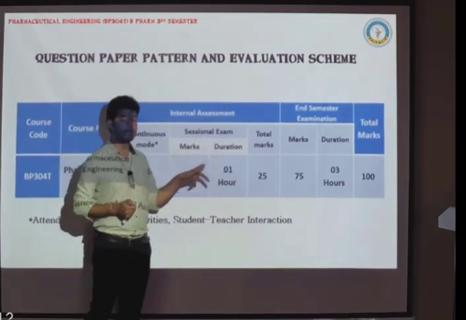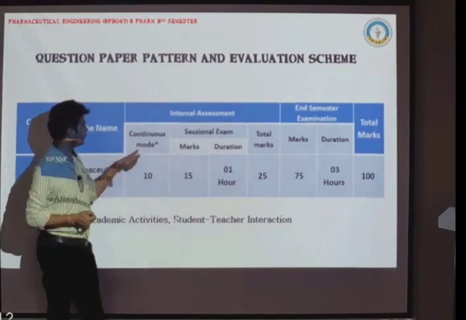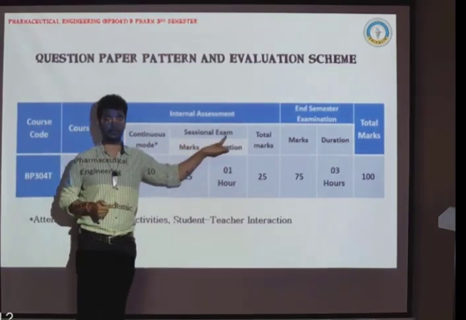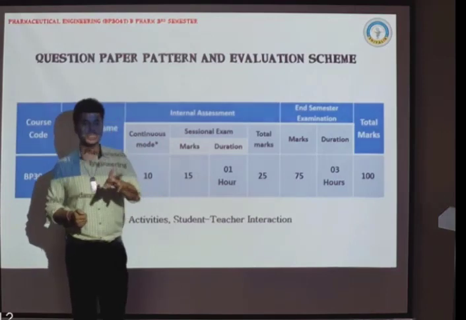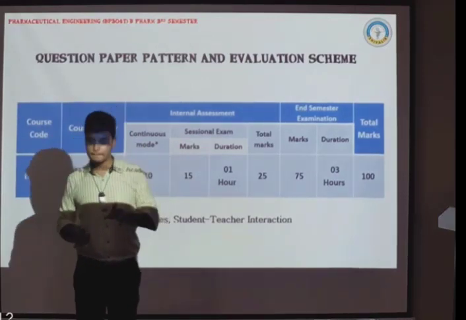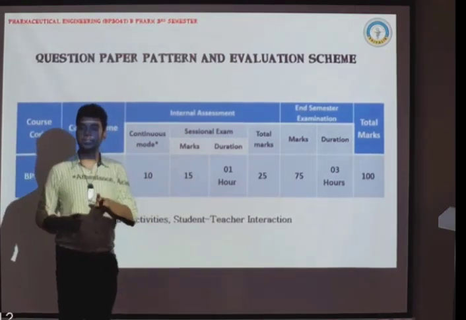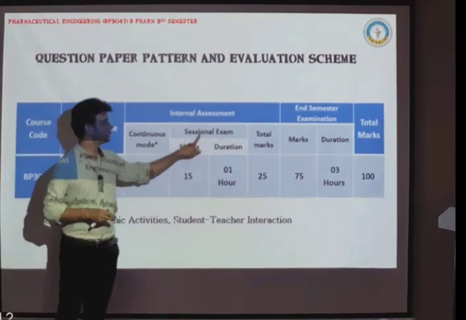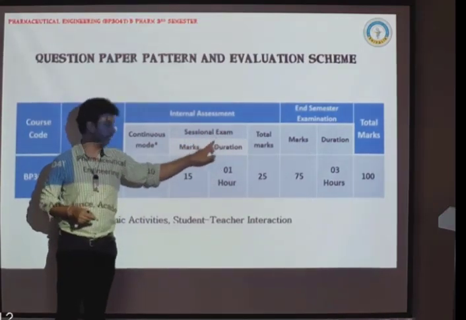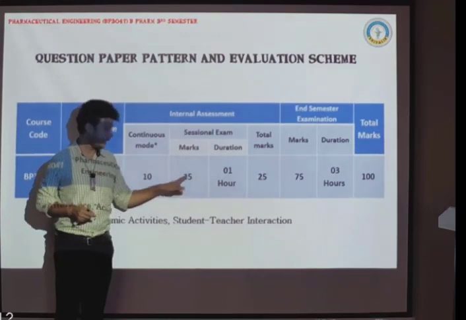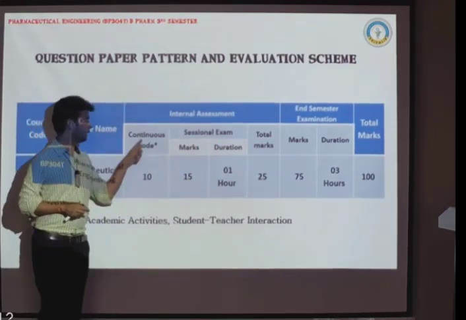These 25 marks are divided into 2 categories: the first is continuous mode and the second is sessional examination. You will have 2 sessional examinations, and the average of these 2 will be your final sessional assessment out of 15 marks. The remaining 10 marks are the continuous mode.